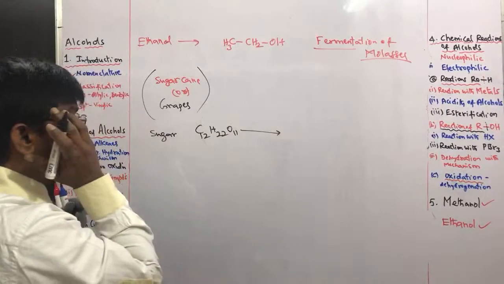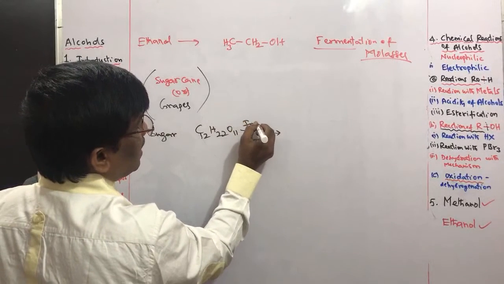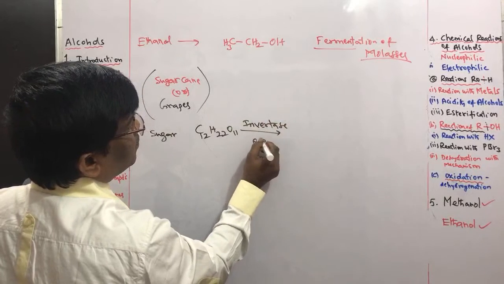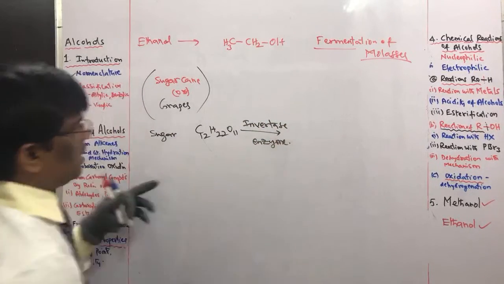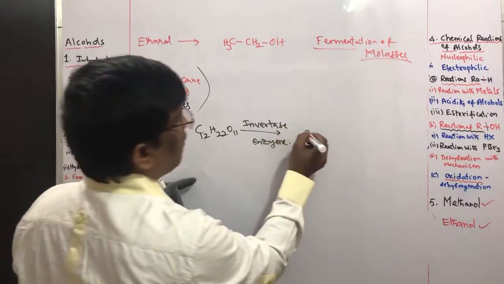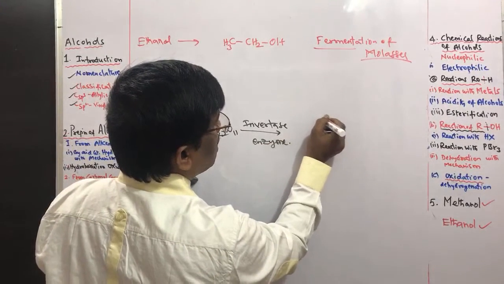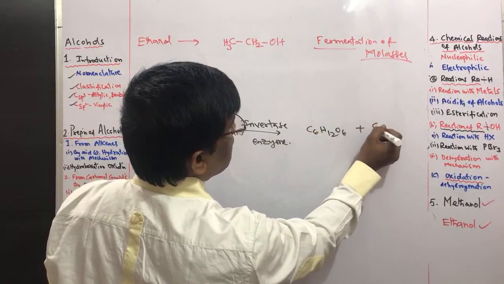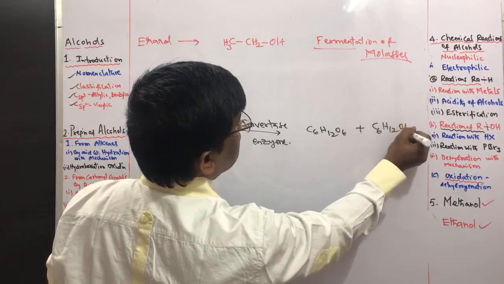Upon treating with invertase as an enzyme, this sugar is going to be converted into glucose, C6H12O6, plus fructose, C6H12O6.